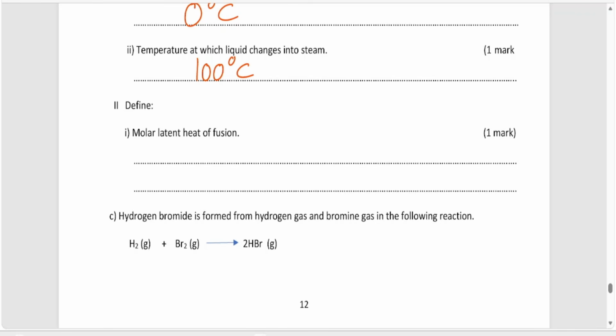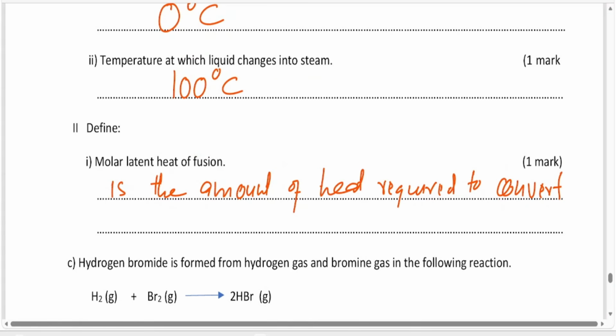So in this case, molar latent heat of fusion is the amount of heat required to convert 1 mole of a substance into a liquid, and it is done at its melting point.